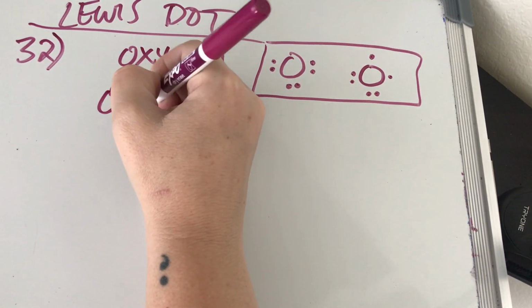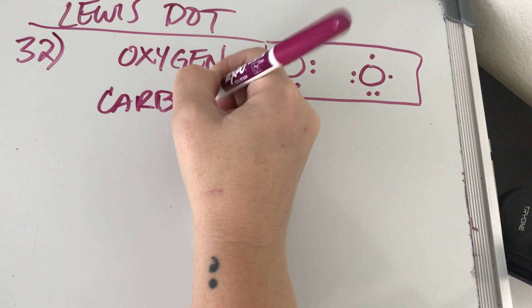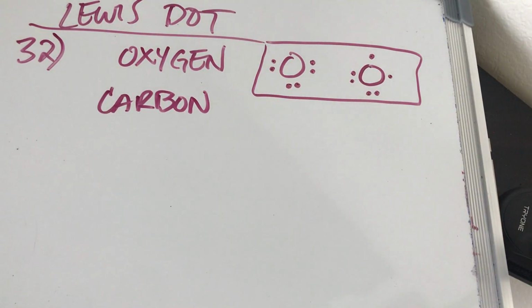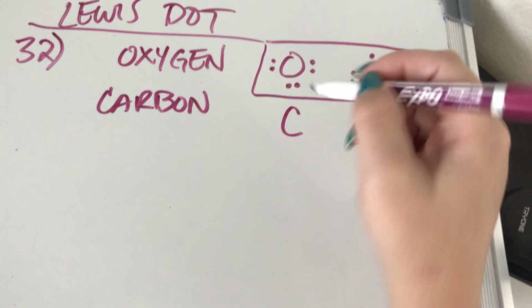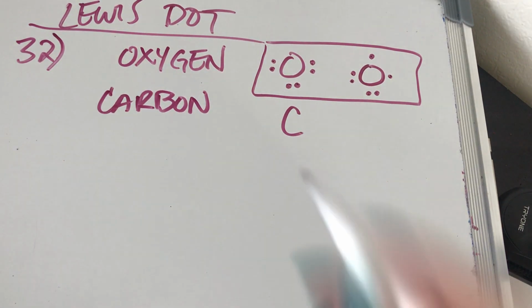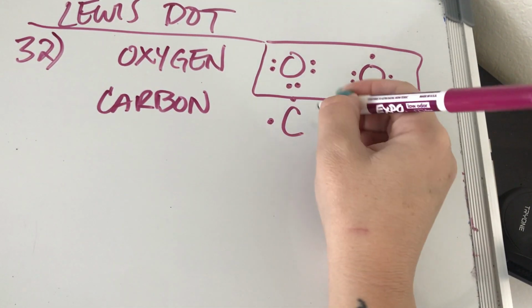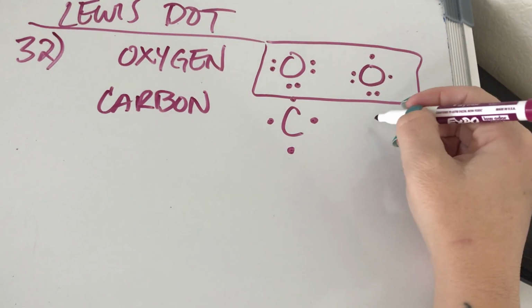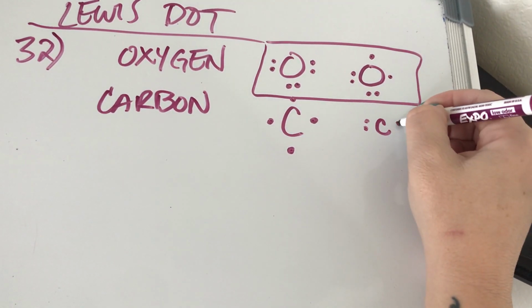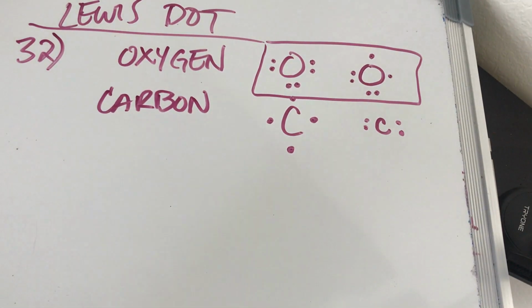So how about carbon? Four valence electrons. Anything giving you 4 dots around it?